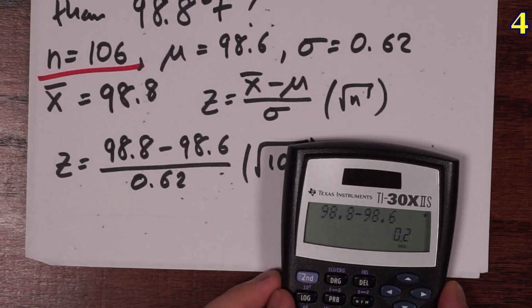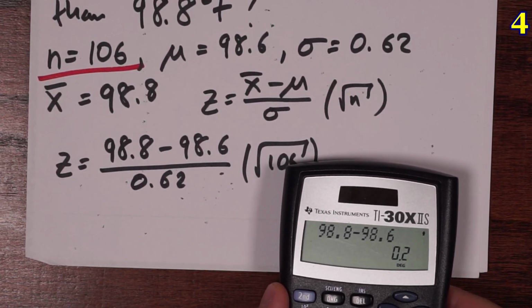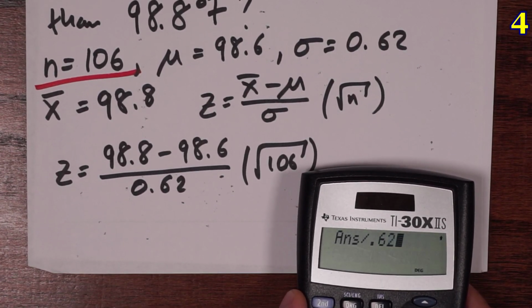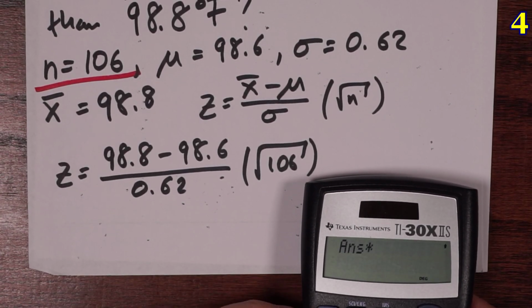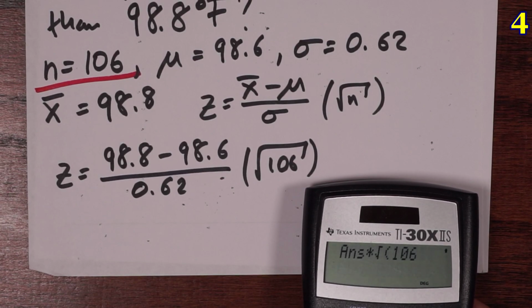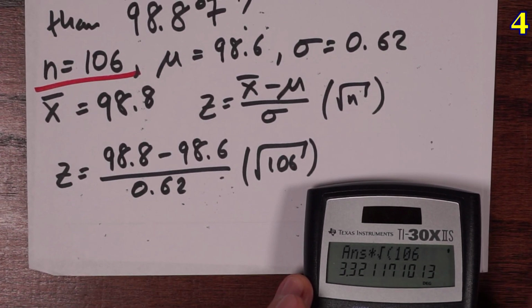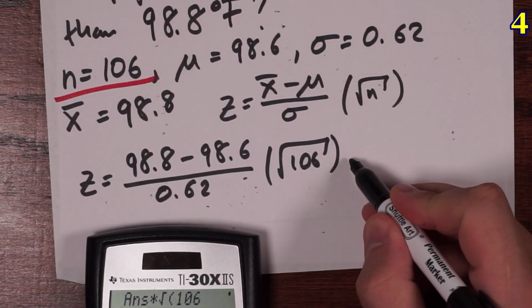So I did the first calculation. Then after that, I'm gonna divide it by the standard deviation. Enter. And then I'm gonna multiply it times square root of 106. Enter. So do it stepwise.